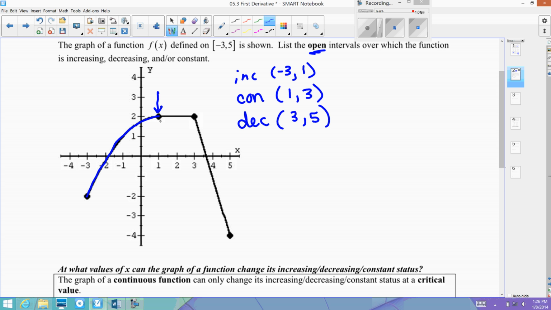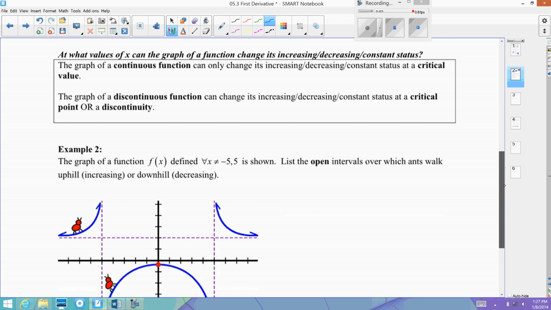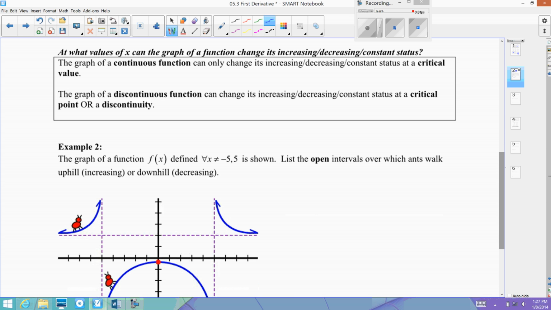All right, so you have to be very careful with those points, and the way we avoid any problems is just to use open intervals. There are only a few points where a function can change between increasing, decreasing, and constant. Continuous functions can only change at critical values, whereas a discontinuous function can change at critical points or at discontinuities.